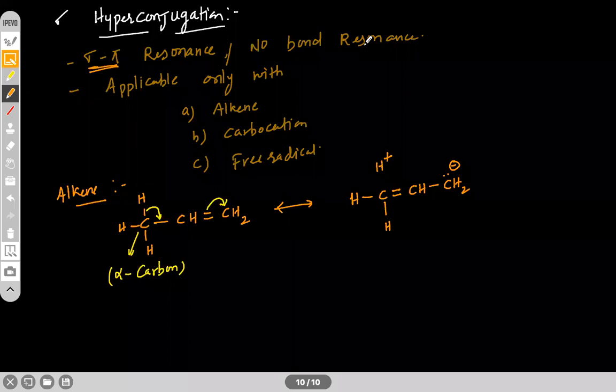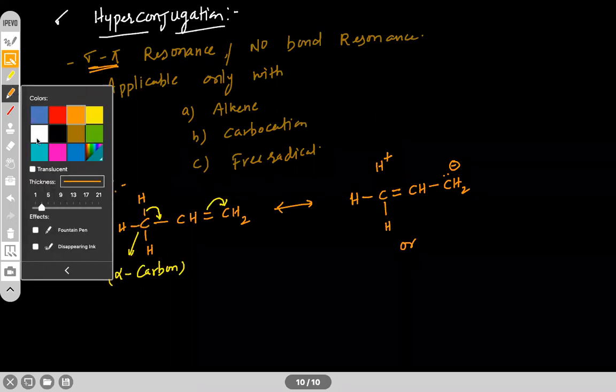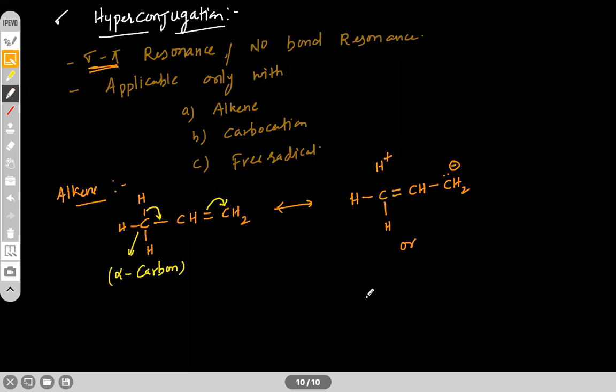Okay, so we can draw this structure, or it is also possible that this sigma comes over here and we get this structure. So another structure which is possible is H plus here, carbon with hydrogen, double bond CH, single bond CH2, negative on it.